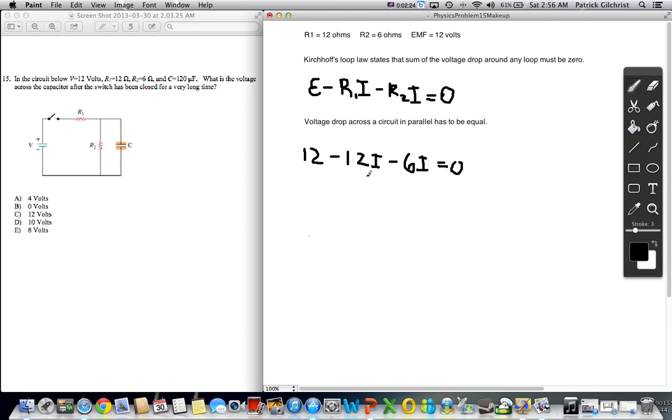Once you move these two pieces to this side and then divide, you get 12 divided by 18 is equal to I, or I is equal to 2/3.